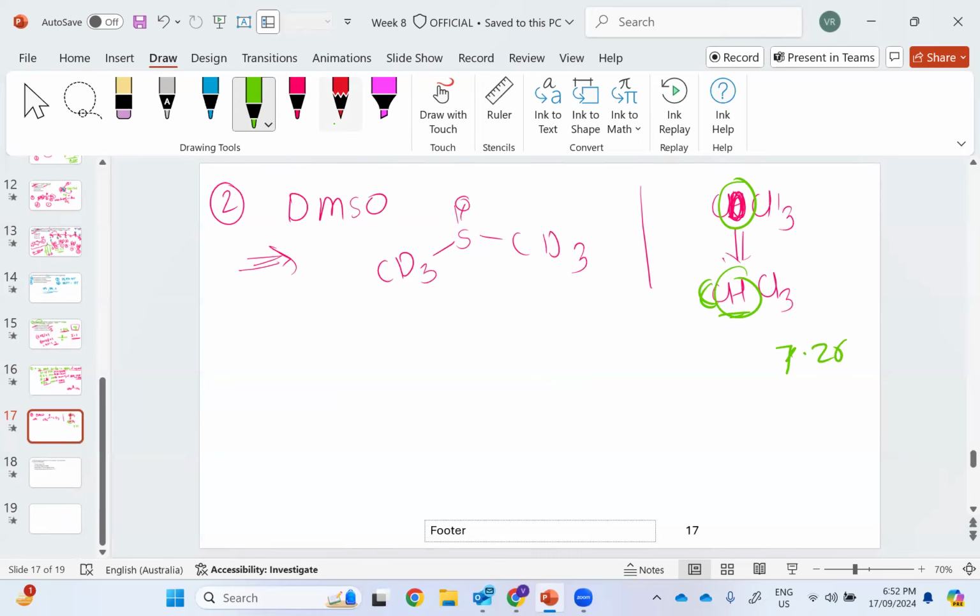But if you look at DMSO, there are 1, 2, 3 on each side, and 6 deuteriums in total. So there are more possibilities that deuterium is not replaced. For example, CHD2, S double bond O, CD3, where one hydrogen is not replaced, or two hydrogens are not replaced.